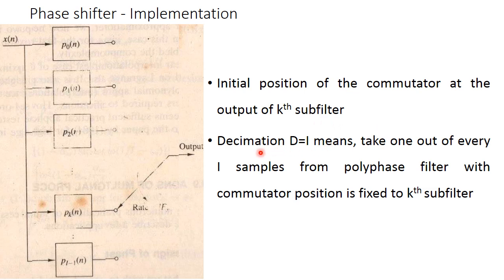Decimation, which is D equal to I, means take 1 out of every I samples from the polyphase filter, by keeping the commutator position fixed to the same kth subfilter. So this is how we can construct a phase shifter application using the interpolation and decimation process.